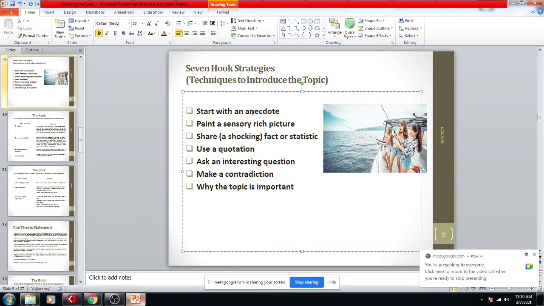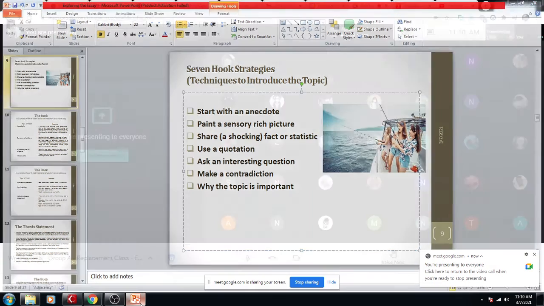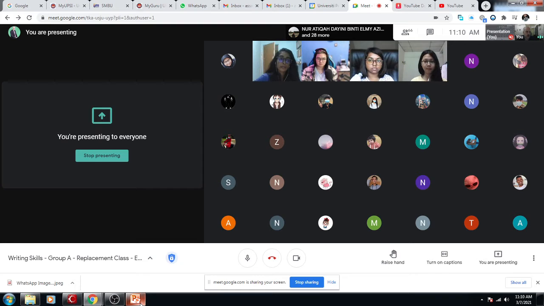We have the anecdote or story hook, one strategy to start your essay with an anecdote, because all of us love stories. Stories can hook the young and the old. We tend to be entertained by stories and storytelling, whether we are old or young.